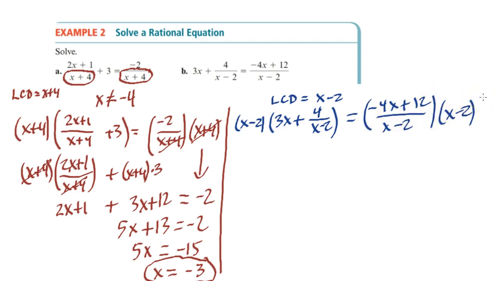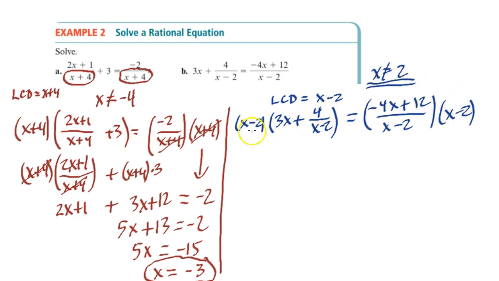And at the very beginning, we could take into consideration the restricted value, like x cannot equal negative 4. Notice that x in this case cannot equal positive 2, because 2 minus 2 is 0. So keep that in mind, that x cannot equal 2.